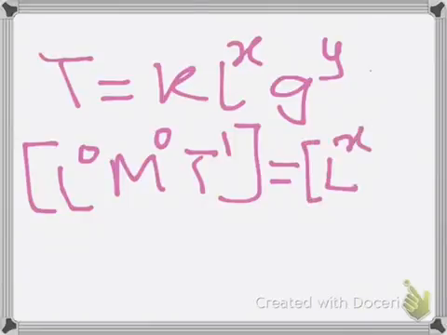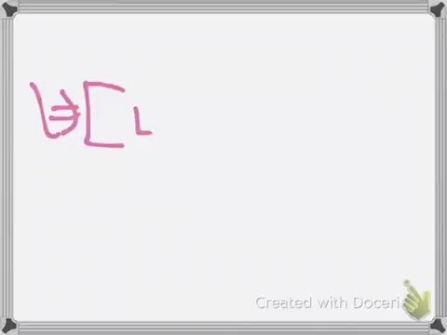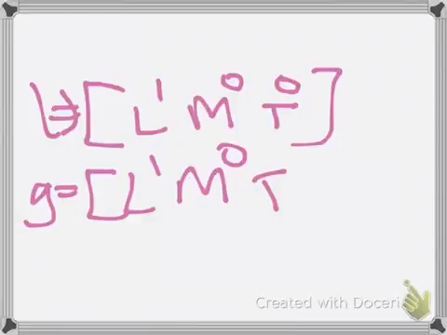Now we have the dimensions of L, which is L1 M0 T0, and we have g, which is L1 M0 T raised to the power minus 2, because g is nothing but acceleration, and we've learned that this is the representation of dimensions of acceleration.